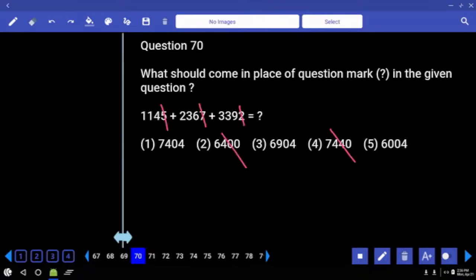Now let me concentrate on previous number. 1100, 2300. 34, 34, 33. 30, 67. Correct? So from last 2 digits, if you get any carry, instead of 67, you may get 68 or 69 also. Correct? Go to options. Done.